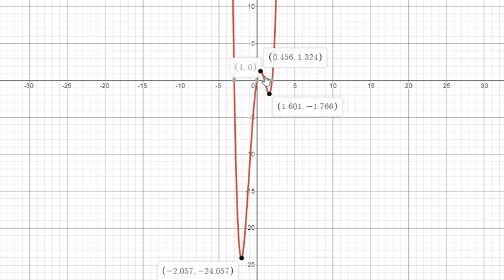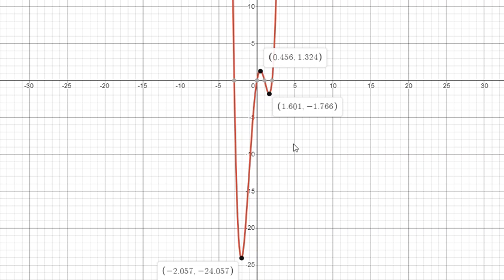In that interval, I am decreasing. And then I'm increasing where I'm not decreasing, if that makes sense. So from negative 2.057, that x value, all the way to 0.456, that x value, I am increasing. Then I'm also increasing again from 1.6 towards infinity.